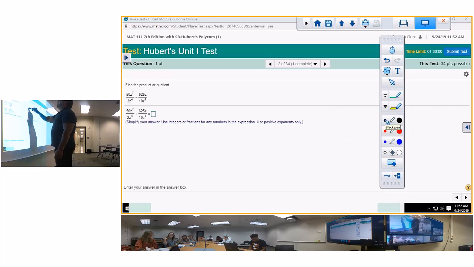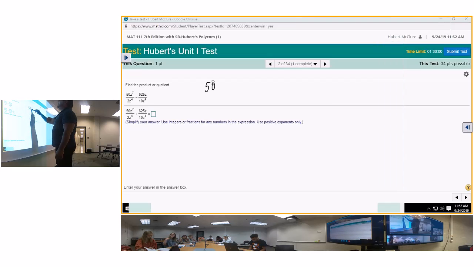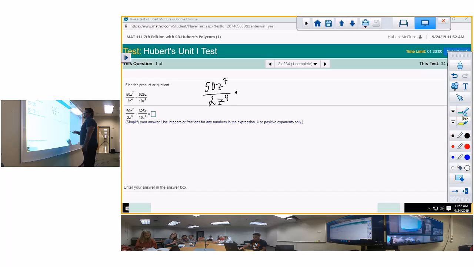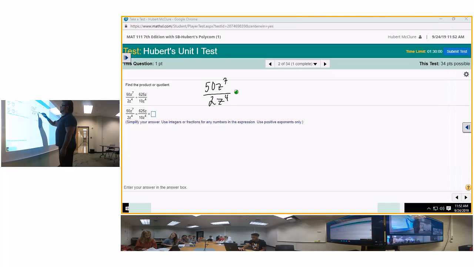Multiply by the reciprocal. So that's going to be 50z to the 7th over 2z to the 4th multiplied by 10z to the 4th over 625z.